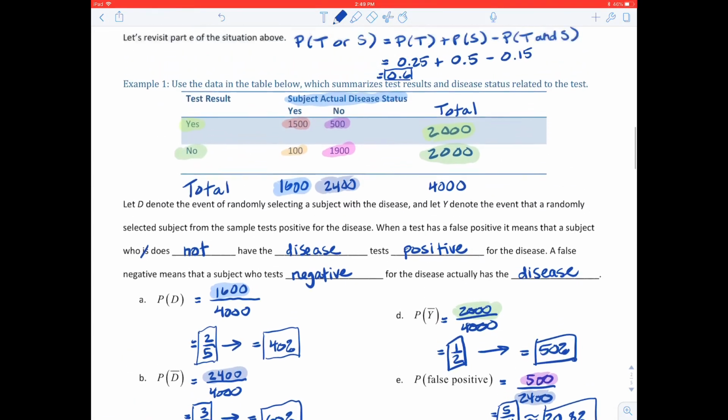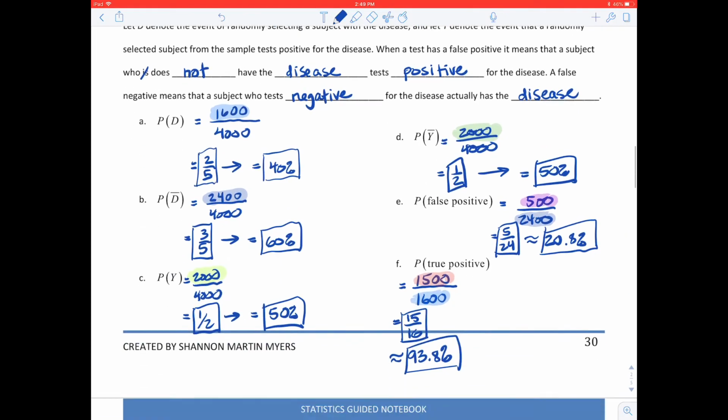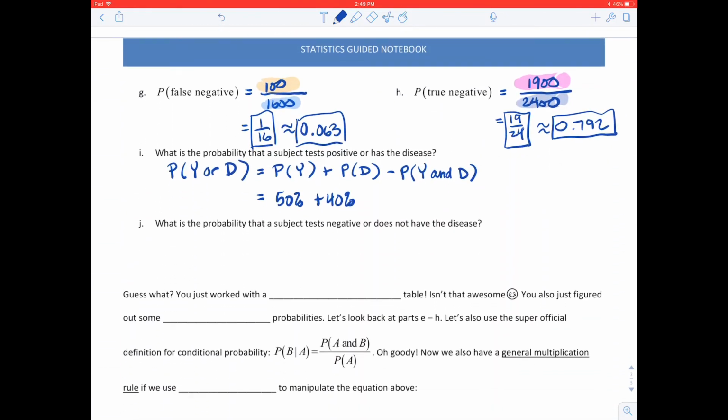Now, let's look at the table for the intersection. So out of our 4,000 subjects, right, the people who have the disease and test positive, there's 1,500 of them. So we would have 1,500 minus 1,500 over 4,000.